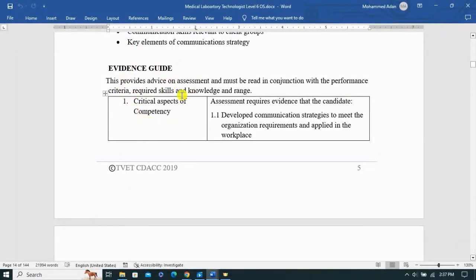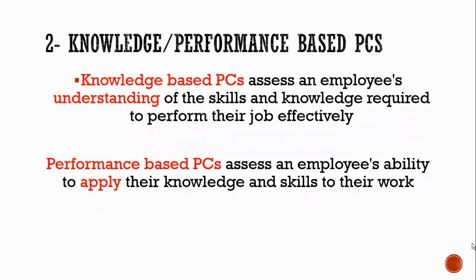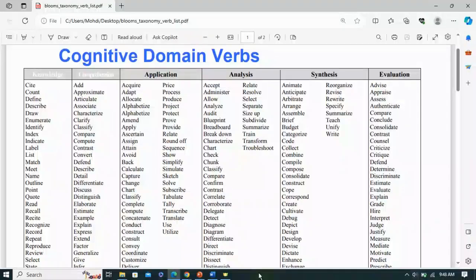The other bit is PCs that address knowledge, while some will address performance. When you're talking about knowledge-based PCs, they assess employees' understanding of the skills and knowledge that is required to perform a particular task effectively. So again, you need to familiarize yourself with Bloom's taxonomy, which verbs denote knowledge and understanding.